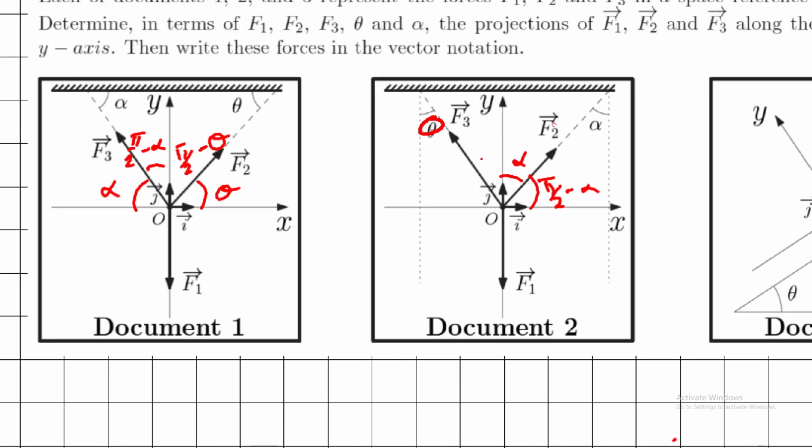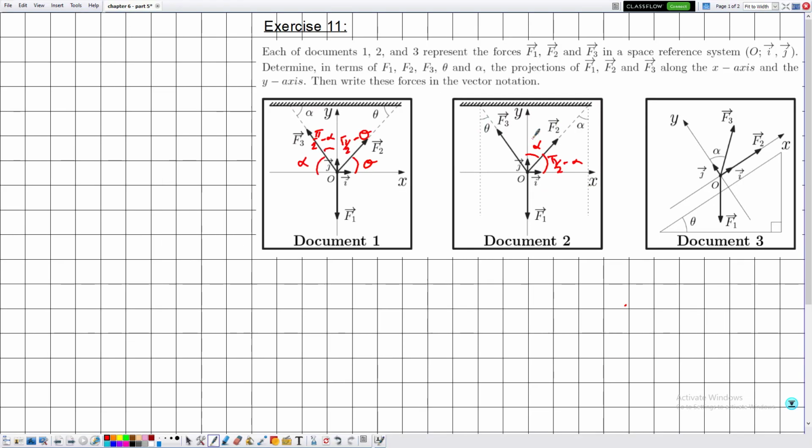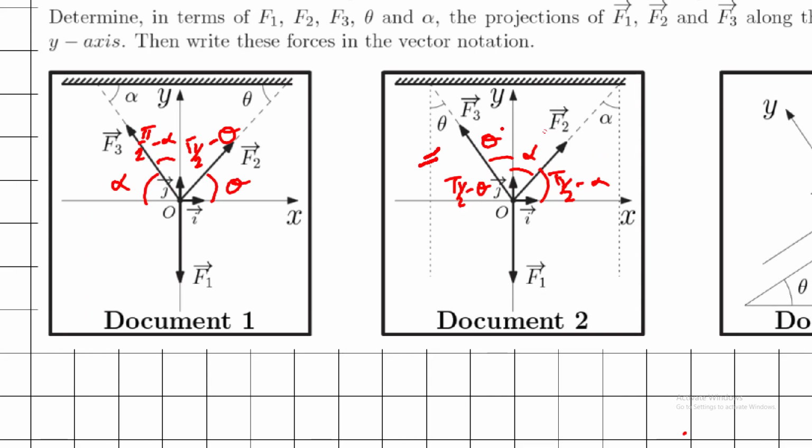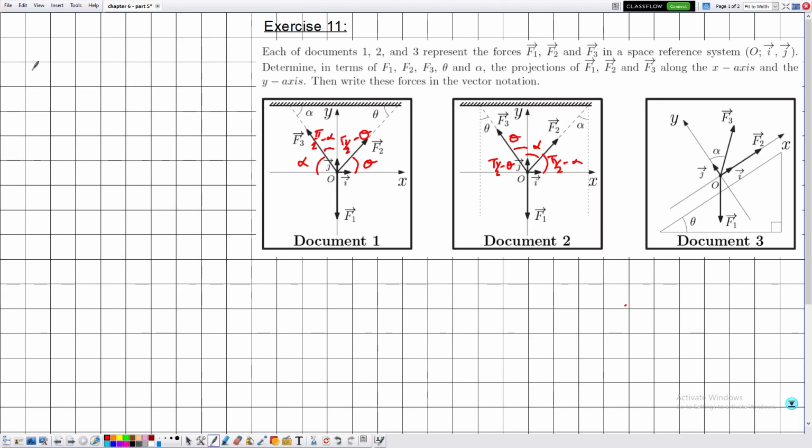If this is theta, then this is theta, again by alternate interior angles, and this is given by pi by 2 minus theta. We are supposing that this line is completely parallel to this line. Now let's start with document 2, with the force F1.